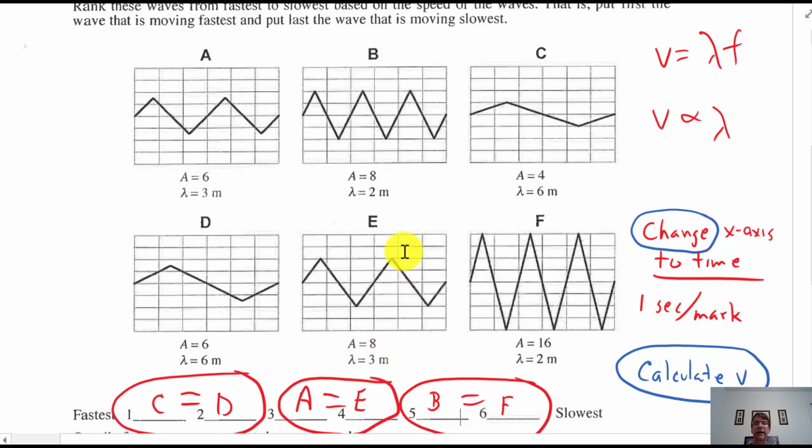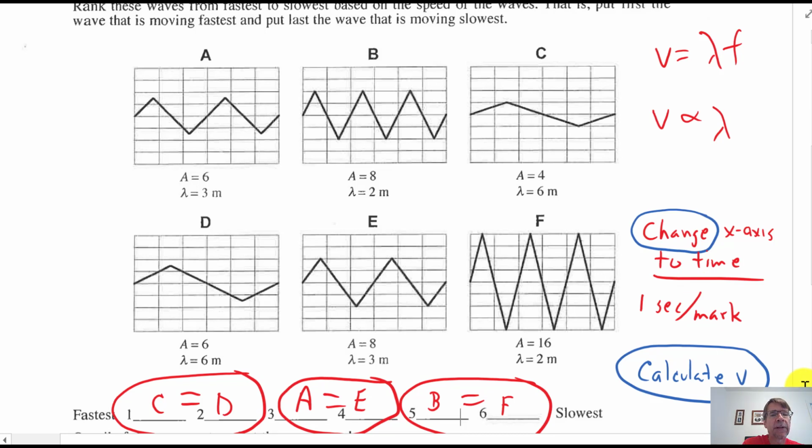Now, if I could tweak the problem, change the problem. Let's say, and we have to do some real deeper thinking here now, I'm going to change the problem down here. Let's say the x-axis is time instead of wavelength or any other arbitrary units, which I'm not even sure what they are in this problem. Okay, but let's say the x-axis is time, and each mark is 1 second.